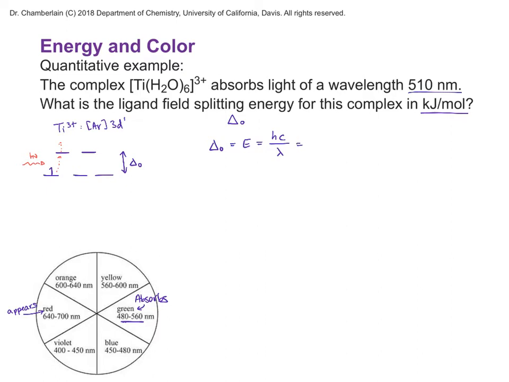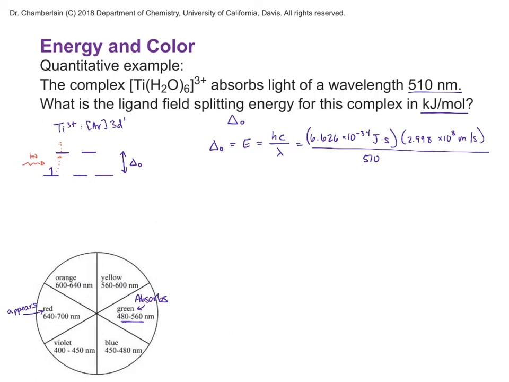So just looking up Planck's constant, it's 6.626 times 10 to the minus 34 joules times seconds. The speed of light is 2.998 times 10 to the 8 meters per second. You can tell I live near the train tracks. And we've got 510 nanometers.